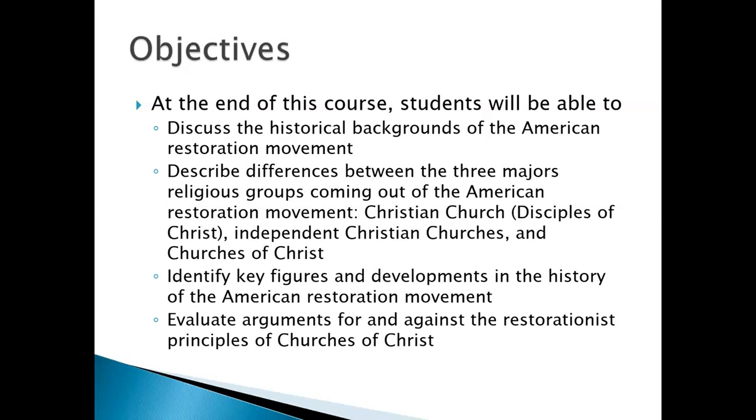The three of those would be the Christian Church, Disciples of Christ. Sometimes we'll just refer to them as Disciples of Christ, but that's one movement that comes from the Restoration Movement. The independent Christian churches, sometimes referred to as Christian Churches, Churches of Christ. And then finally, the Churches of Christ. Those are the three major groups that come out of the American Restoration Movement.